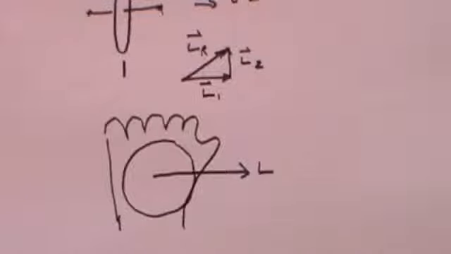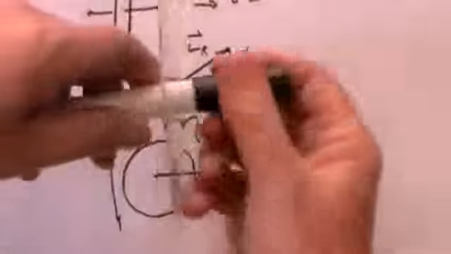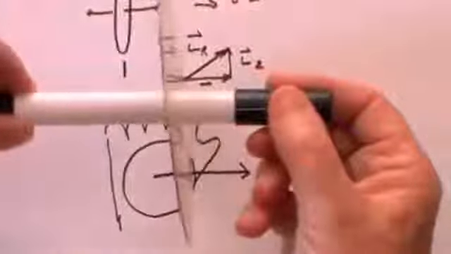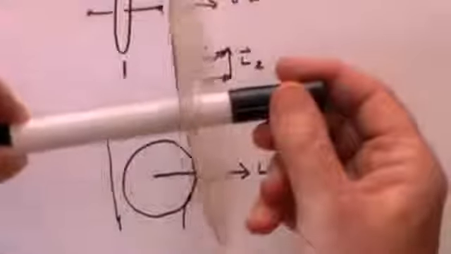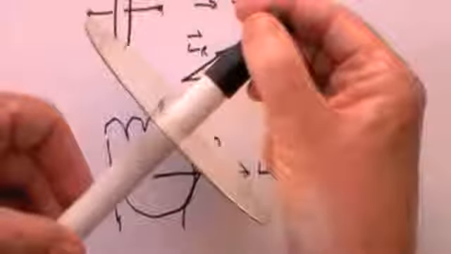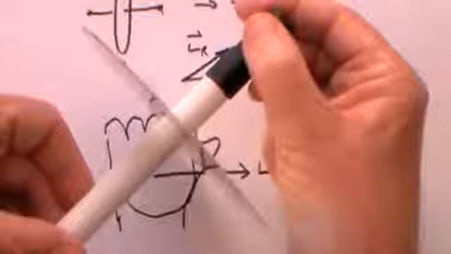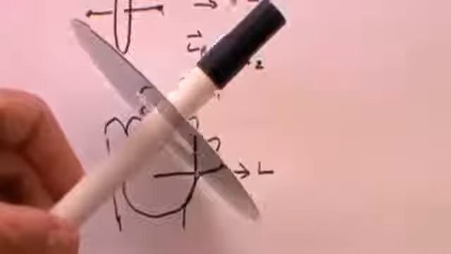It tends to be reasonably frictionless, so it keeps spinning for a long time. And then you simply try and twist the bicycle wheel. If this were a bicycle wheel, you try and twist it like that, and what you will see is it will actually turn like that without you wanting it to or even realising why it does. And that, I hope, is the explanation that I've given.